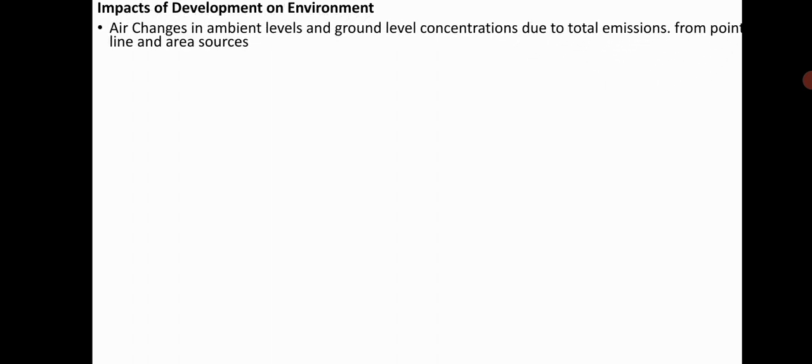Due to development, there are consequences or effects on the environment. So what effects arise? We know that air changes in ambient levels may be due to the total emissions from point, line, to area sources.